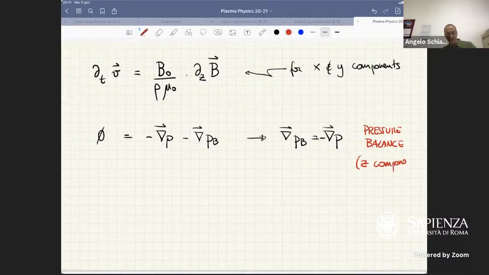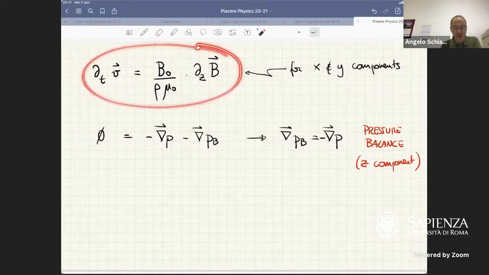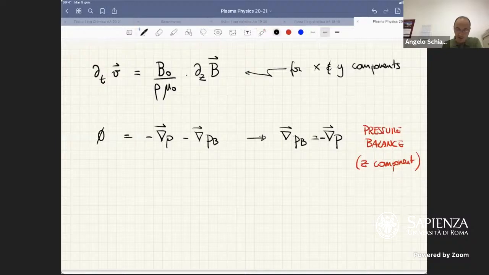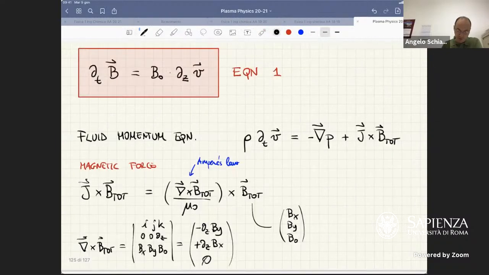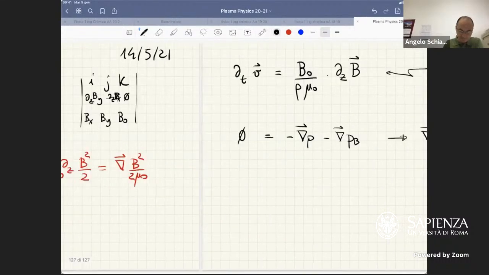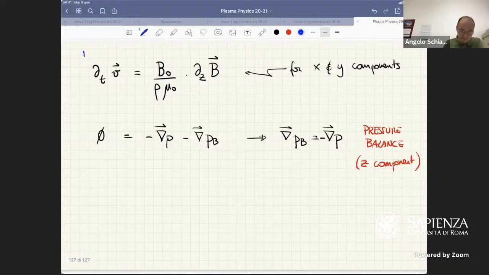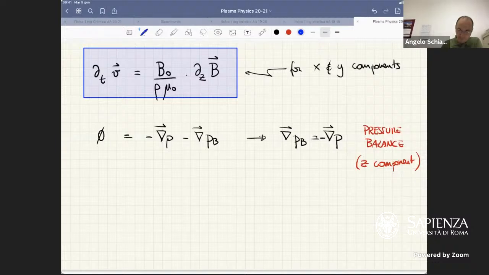Okay, let's focus our attention on the two degrees of freedom, the transverse degrees of freedom, which are the wave components. As we defined equation 1, we define the second equation, equation 2, which has exactly the same structure as equation 1.